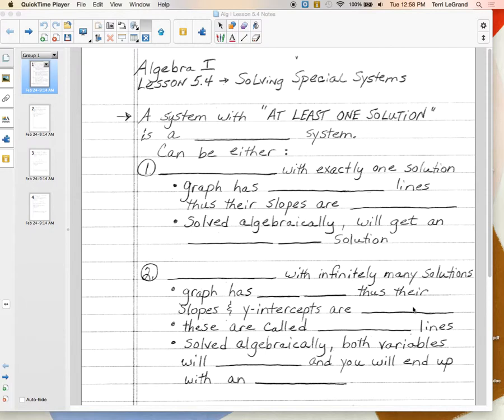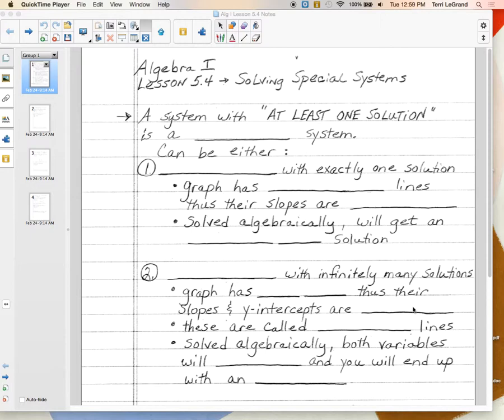So there are actually 3 different types of solutions. We can get one solution, which is the most common one that we've had happen. When we were solving by graphing, I remember at least one time where you had parallel lines, which meant no solution. And I don't think you've ever had a time when there are infinitely many solutions, the third choice.